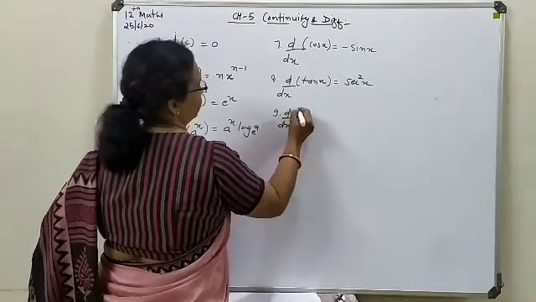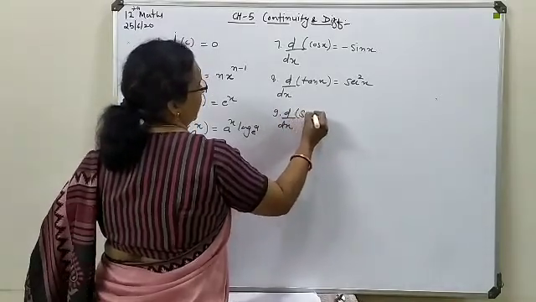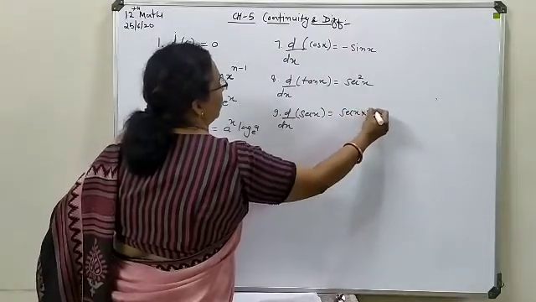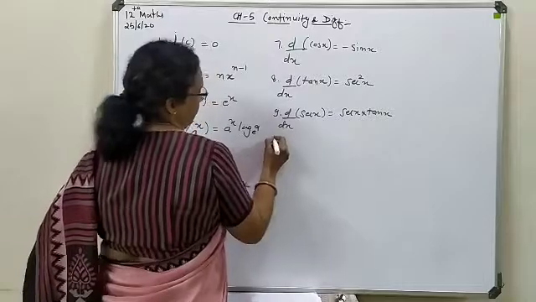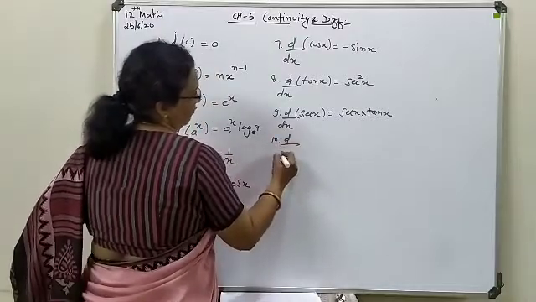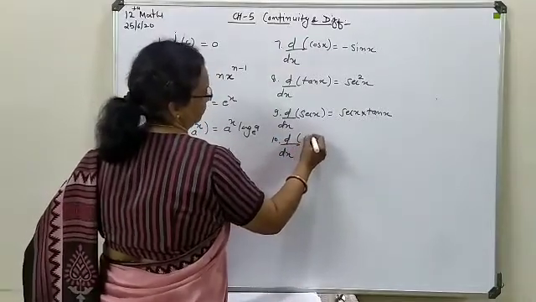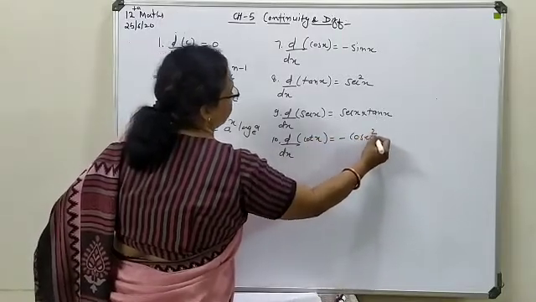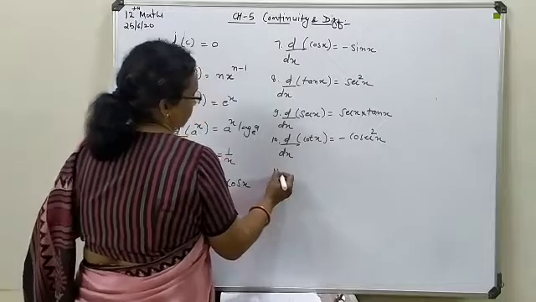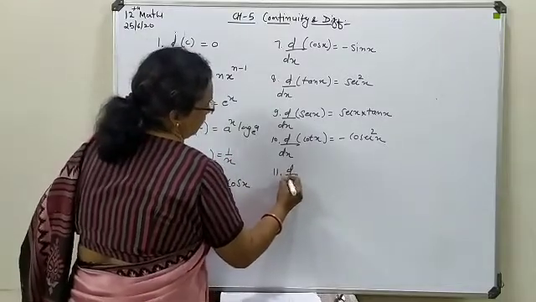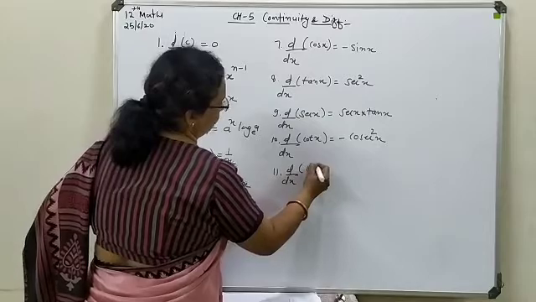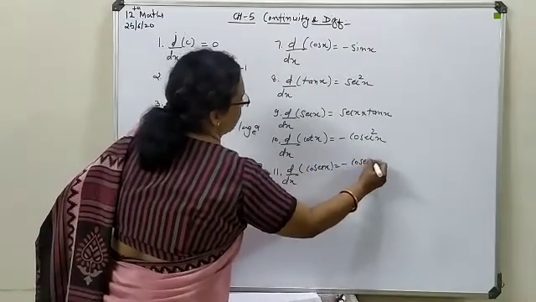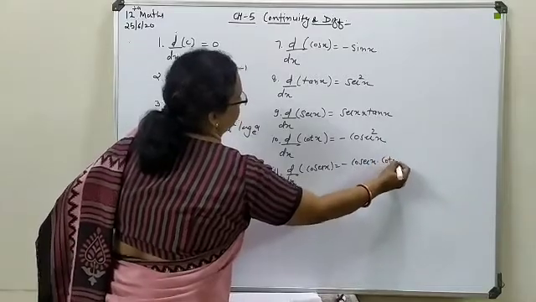Differentiation of sec x, that is sec x into tan x. Differentiation of cot of x, that will be minus cosec square x. Differentiation of cosec x, that is minus cosec of x into cot of x.